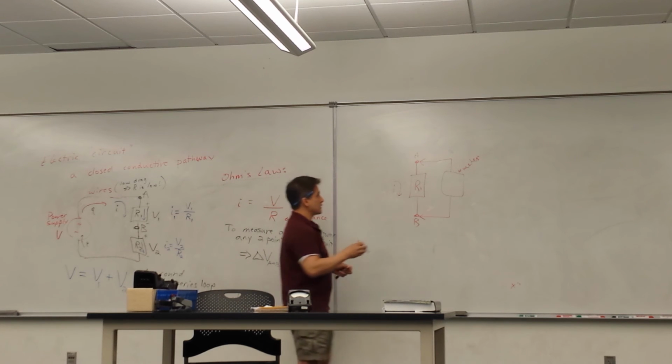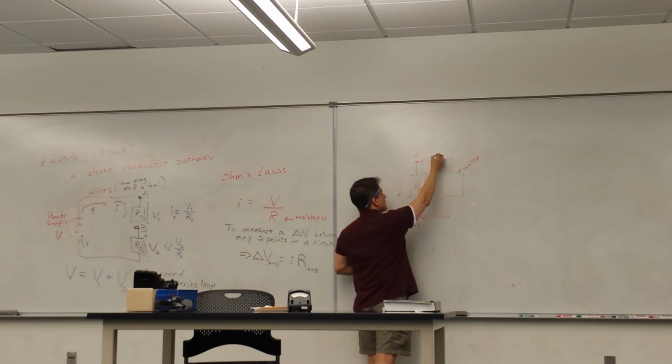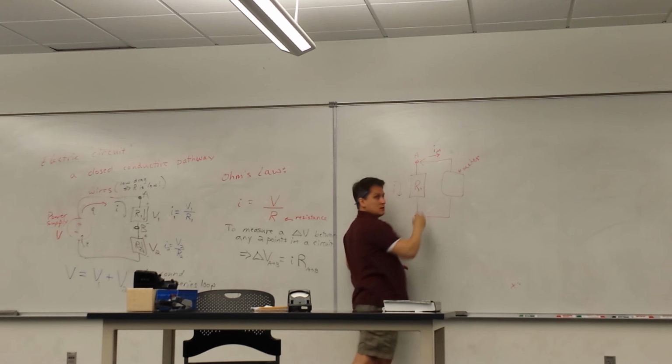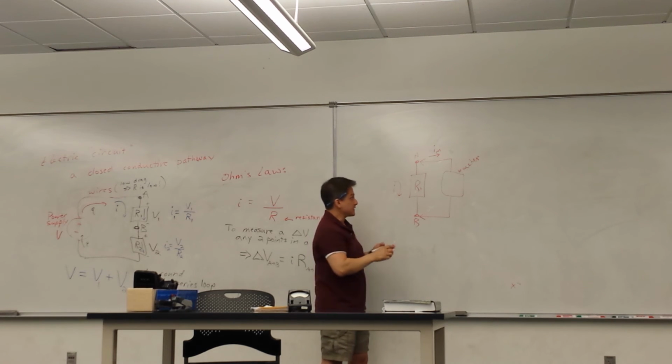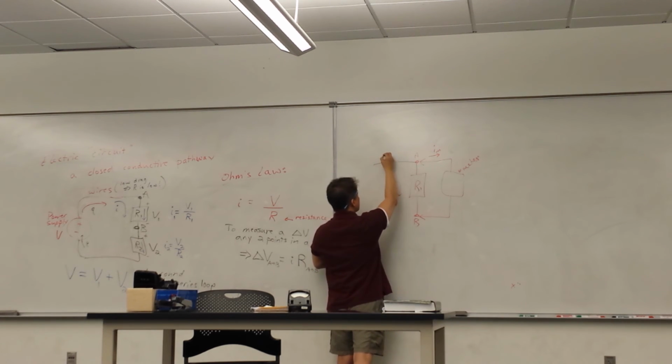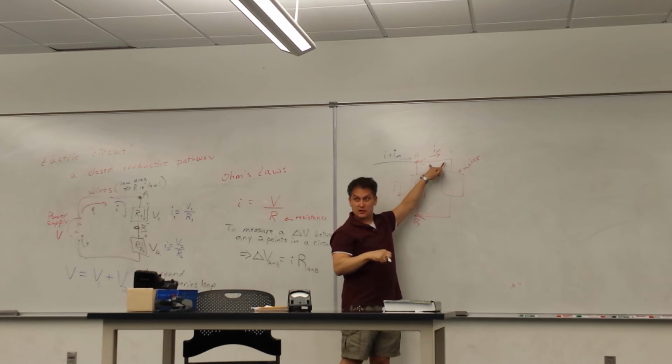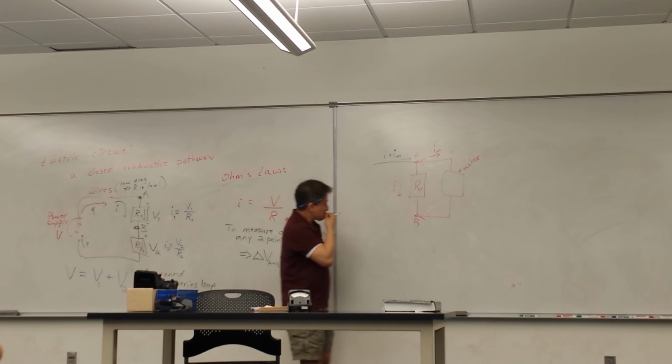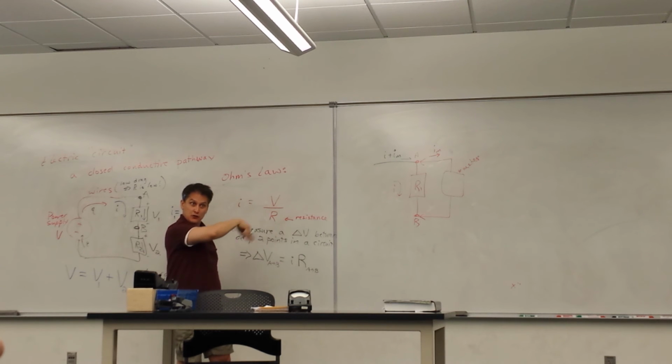Well, one way to do so is if I bleed some current off here, and I'm going to call it IM now. Well, one of the things that's going to happen is that back here, now the current that's going to be flowing into this region is going to be the combination of my original current plus this new current, the amount of current that's going to bleed off of it. Hopefully that's not enough to disturb other things in the circuit, but potentially it could be.